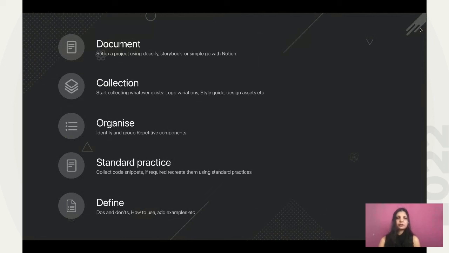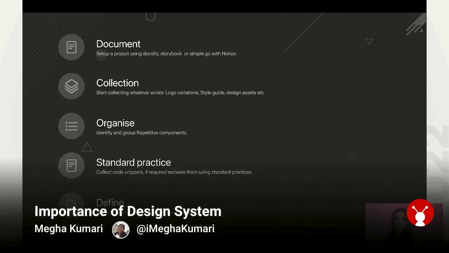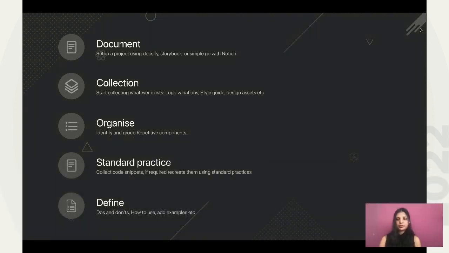Identify the repetitive components and make a group of that. And we also set the standard practices, because that is what gives us the foundation layer of fixing things, like collecting code snippets if required. We should recreate them as well. Then define some rules like do's and don'ts, how to use, and add some examples so that people follow the guidelines properly.